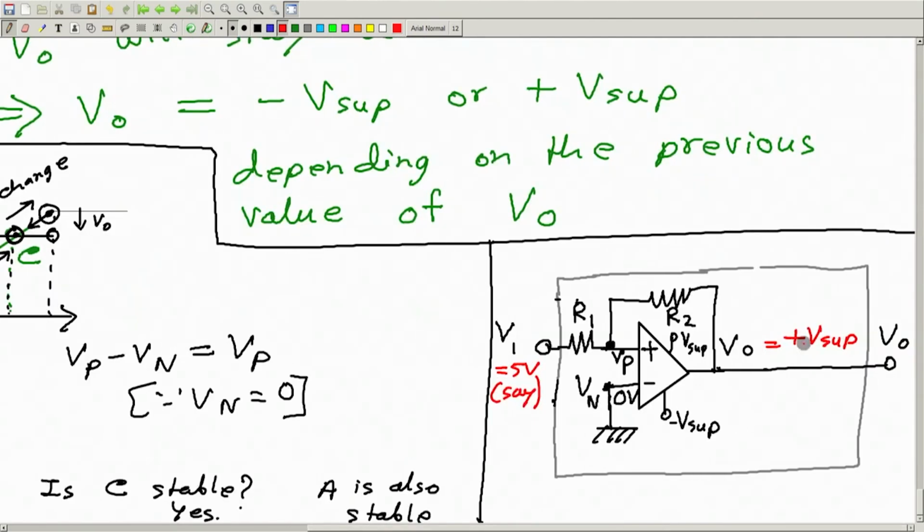Now at some moment VO is equal to 15 volt, V1 is 5 volt, and let's take all these resistances equal to 1 kilo ohm, R2 equals 1 kilo ohm, for ease of calculation. Therefore, Vp will be what? Vp will be just an average of V1 and Vo.